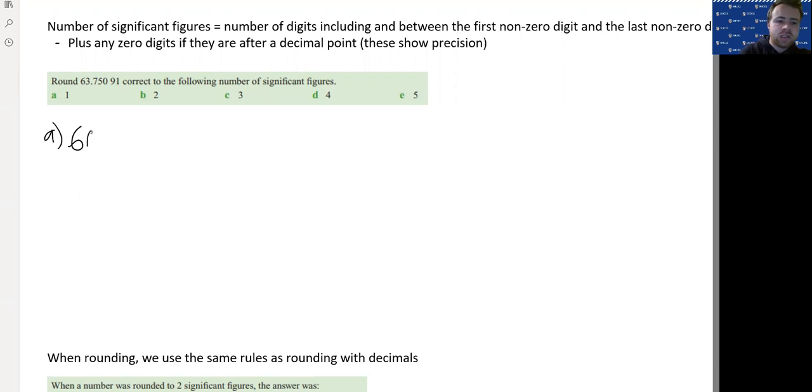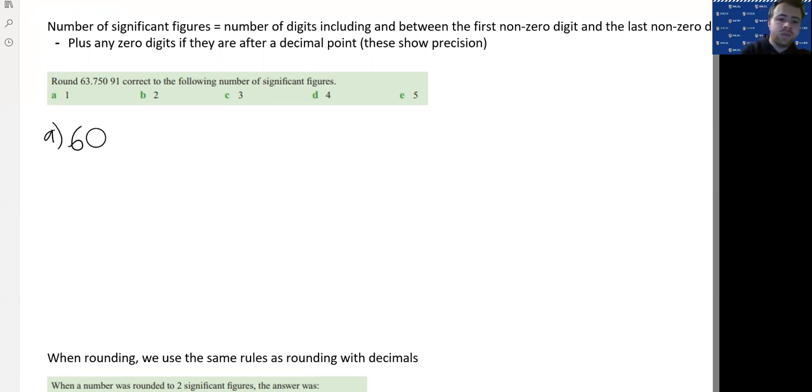So I'm just going to write a 0 here for 60, and that's all I need to do. I don't need to show 0.00 or anything, because those zeros are not necessary for place value. So I've rounded 63 point yada yada to 60. And there is one significant figure in that number I've rounded, and that's the 6. It's the first and the last non-zero digit.